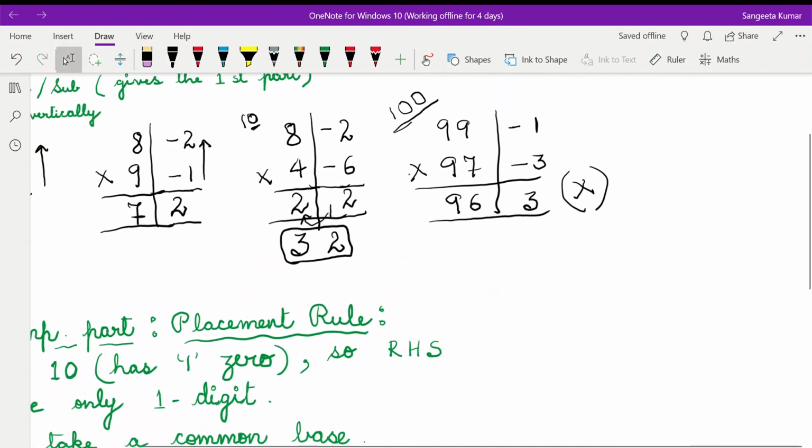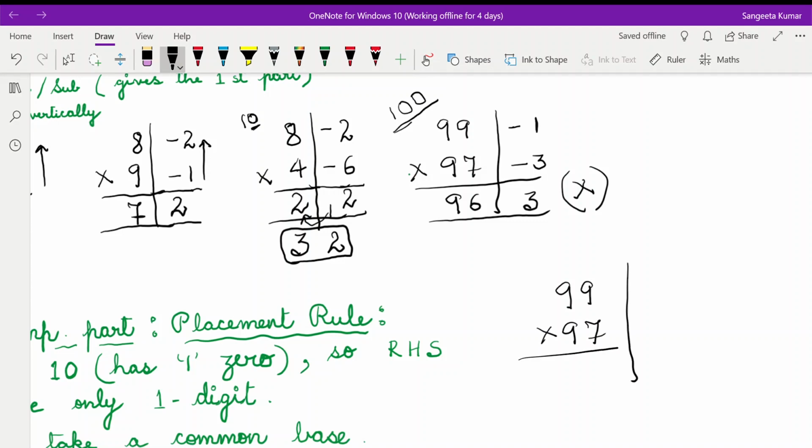here, the same numbers I'm taking, 99 multiplied with 97. We are going to write the difference. Since the base is 100, it is having two zeros, so here the right part will have two zeros. So here instead of writing minus 1, we are going to write minus 01.